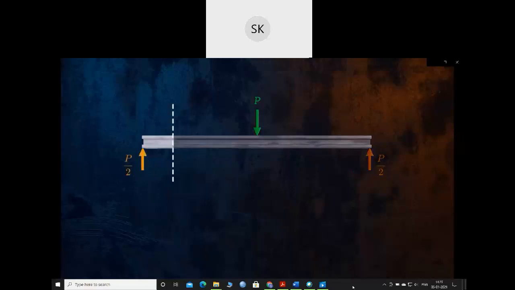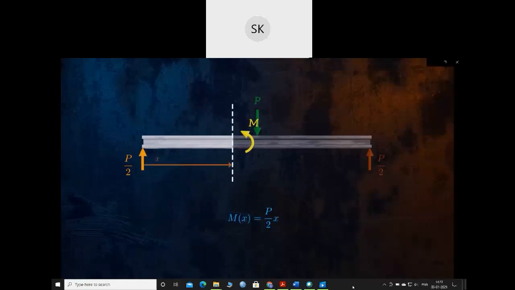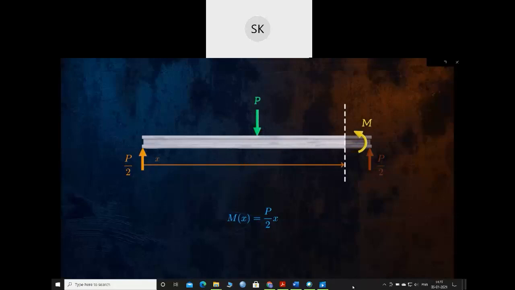Let's see how the bending moment changes as we move along the beam. In the first half of the beam, only the reaction force contributes to the bending moment, and the moment arm is equal to x. But once we get past halfway, we need to include the effect of the concentrated load as well. And so the bending moment expression has to include an additional term.